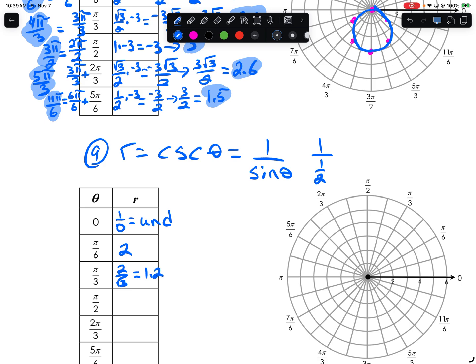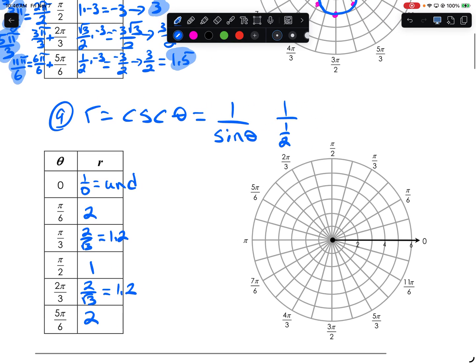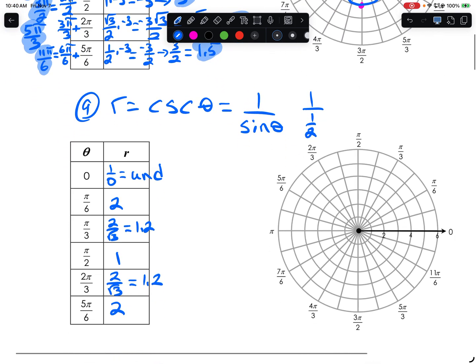Okay, then we do pi over 2, the y value is 1. If I flip 1, I still get 1. If I do 2 pi over 3, I get 2 over root 3, which is 1.2 again. And then if I do 5 pi over 6, I flip 1/2 and I get positive 2. It's much easier, right? Especially look at all the math up top versus down here.